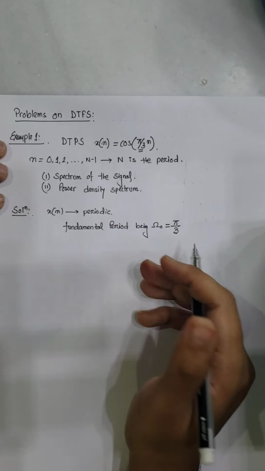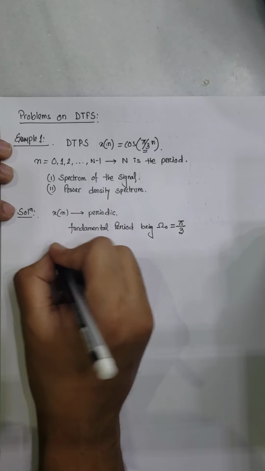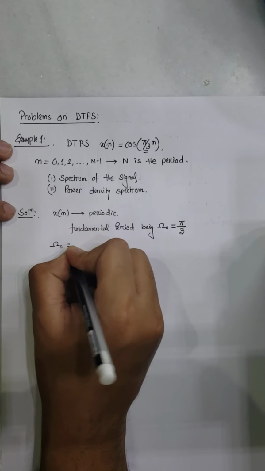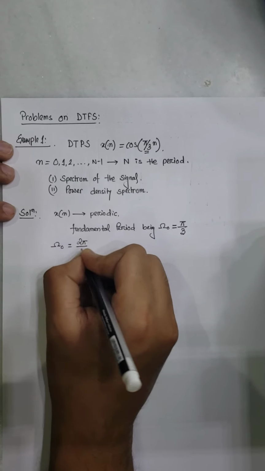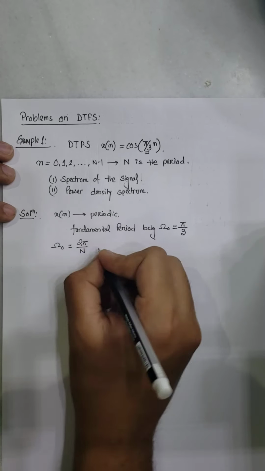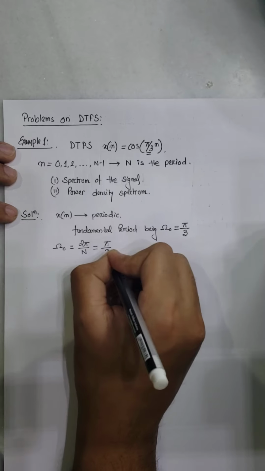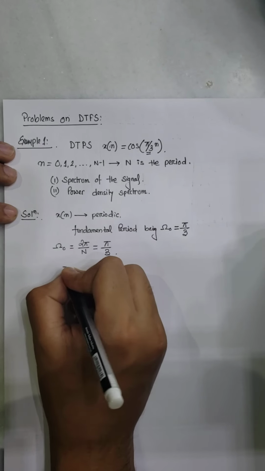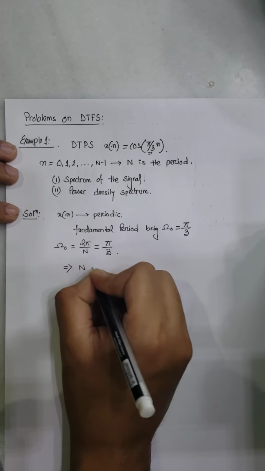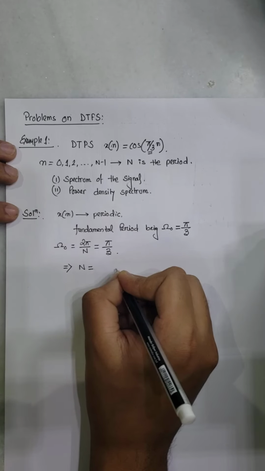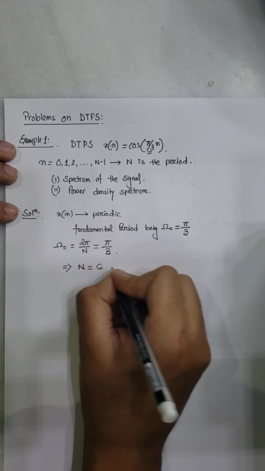Now from the previous lecture, if you can recollect, omega naught always occurs like this, twice pi over n. So equating these two values, or pi by 3, we get n equal to 6.